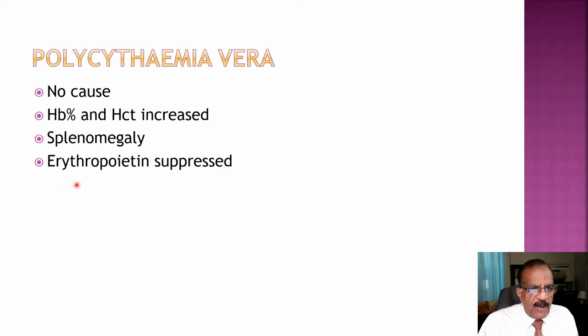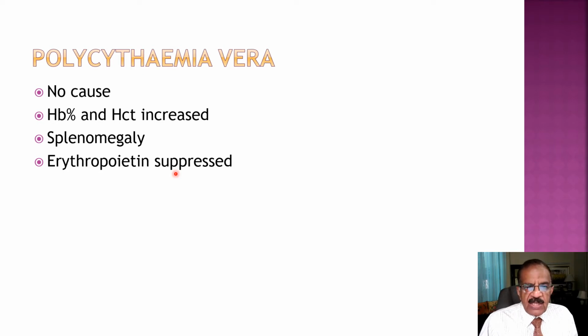Erythropoietin is suppressed. This may not be a very sensitive test, but basically what we want to know is that there is no cause of increased erythropoietin. The commonest such possibility would be a chronic hypoxic state. In chronic hypoxic state, erythropoietin is increased.